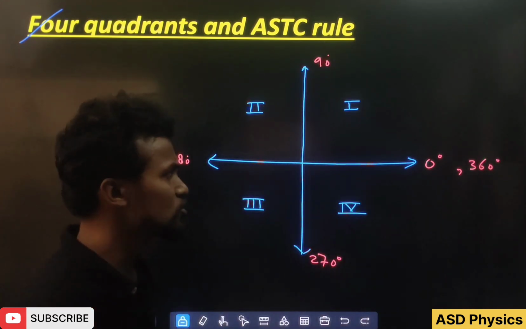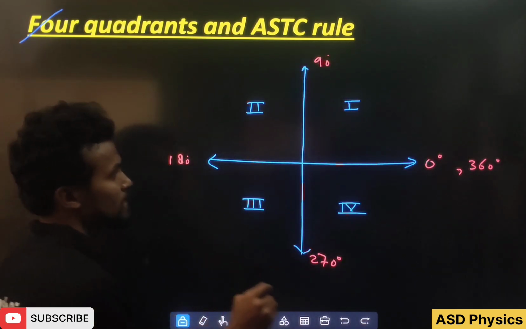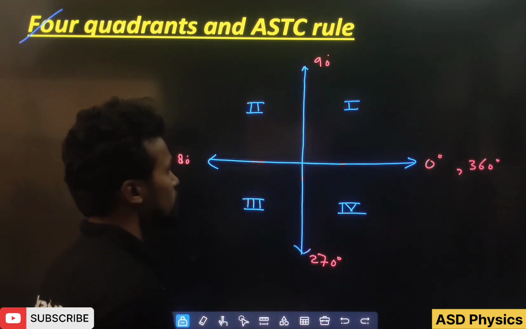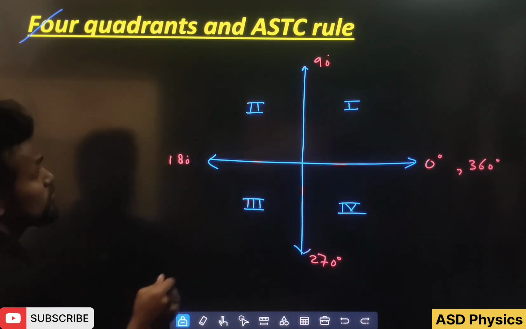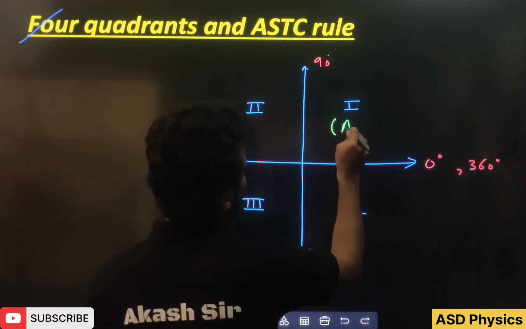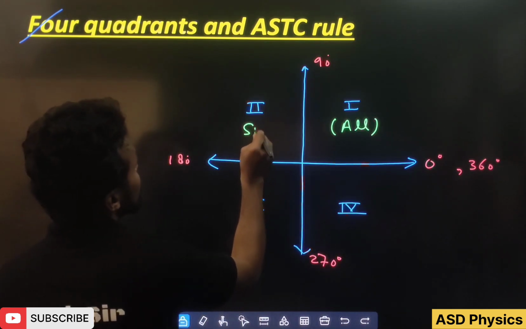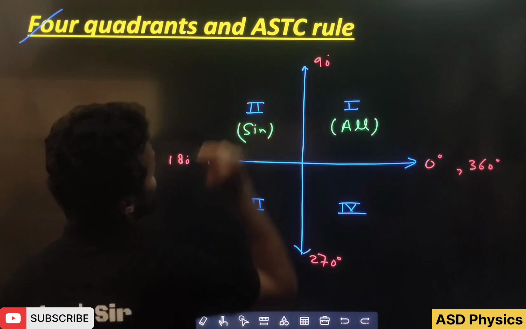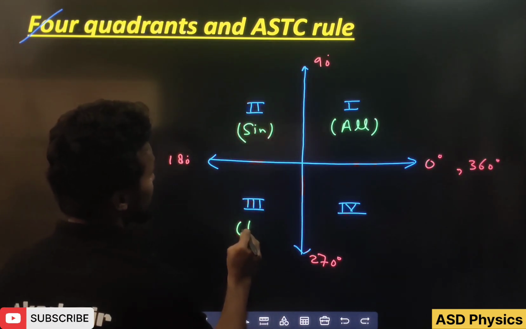In terms of radian also you can remember 0, pi by 2, pi, 3 pi by 2, and 2 pi. Okay. You have to remember this ASTC rule. ASTC rule means in the first quadrant, all trigonometric functions are positive. In the second quadrant, sine is positive. In the third quadrant, T, that means tan is positive.